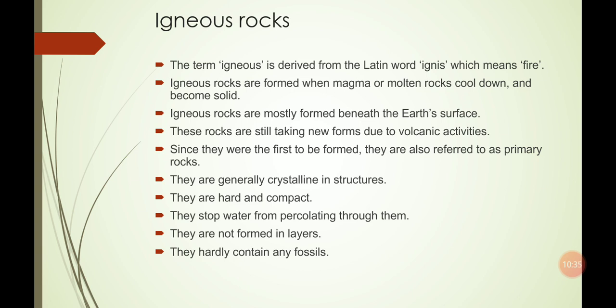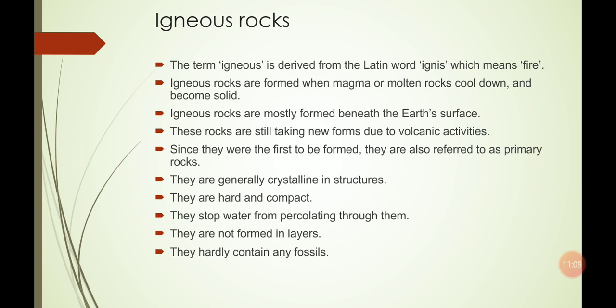On the earth there are many places where volcanic eruptions are still occurring, and because of that new igneous rocks are always forming. Since they were the first to be formed, they are also referred to as primary rocks. That is why they are also known as primary rocks.